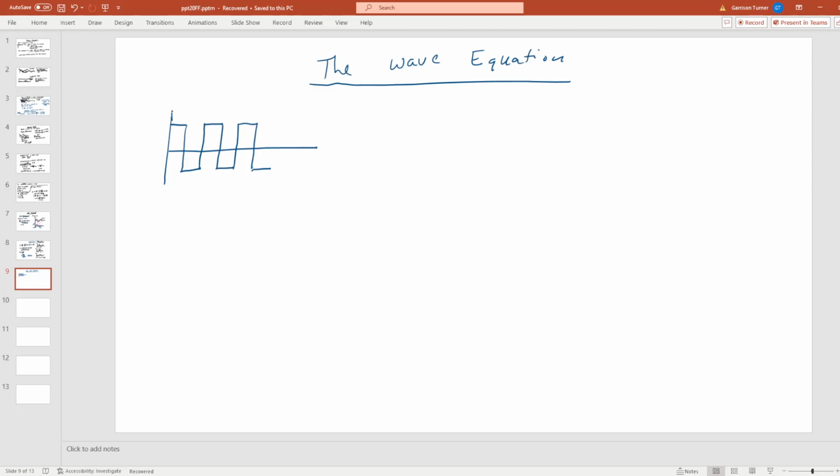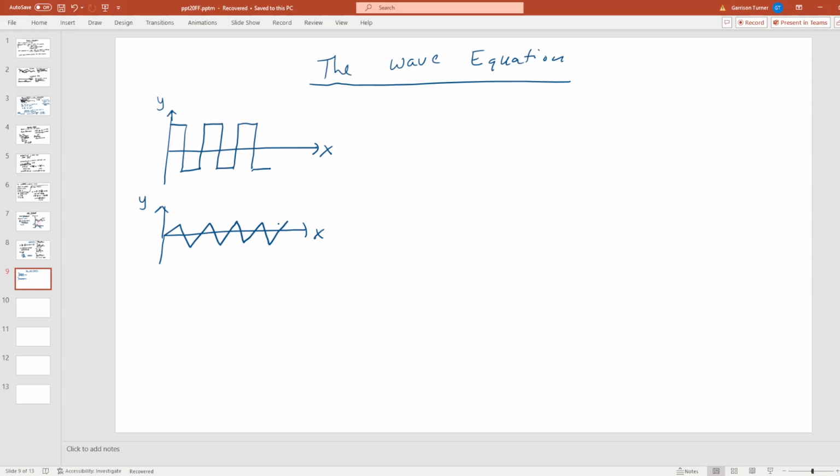Your sawtooth wave would look like this. So neither of these are simple sine waves.